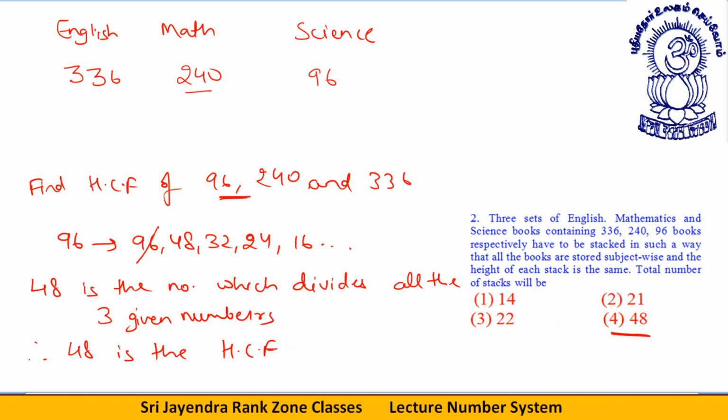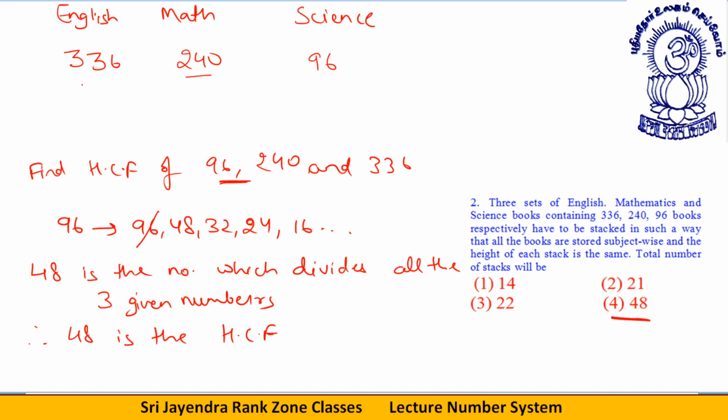The total number of stacks will be now. What is the total number of stacks? Let's see. 336 divided by 48 will give you 7. 240 divided by 48 will give you 5. 96 divided by 48 will give you 2.